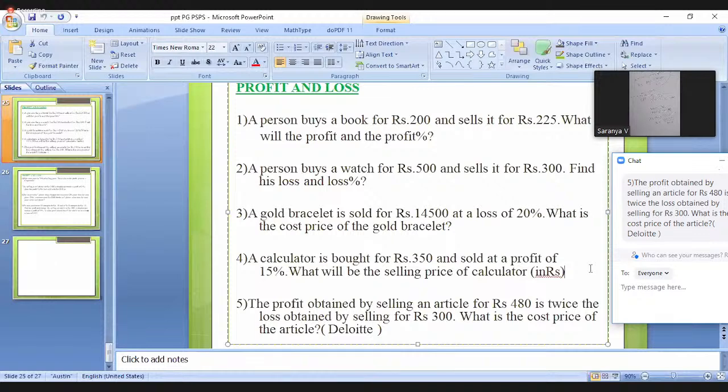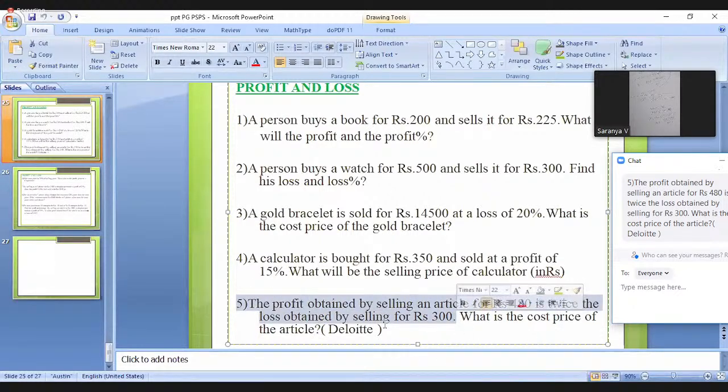The profit obtained by the selling of an article for rupees 480 is twice the loss obtained by the selling of the same article for rupees 300. So what was the cost price of the article? We know that if you want to find the cost price, you have to find the 100 percentage amount.